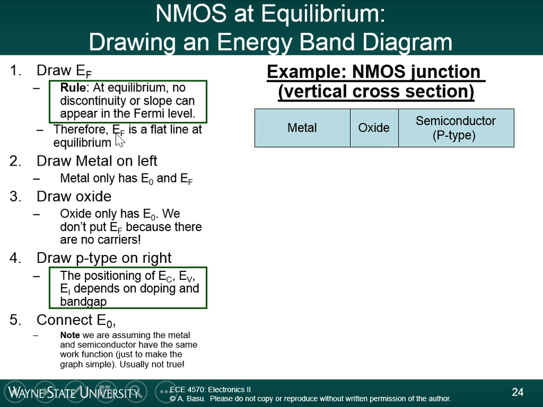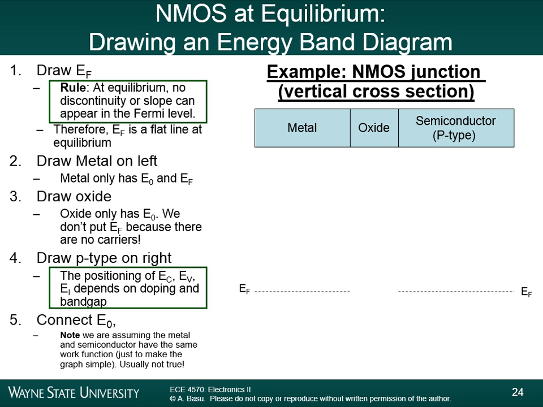So the first step we do is we draw the Fermi level. And remember the rule that at equilibrium, no discontinuity or slope can appear in the Fermi level. So we draw the Fermi level as a horizontal line. So that's step one. So I have the Fermi level going across here. Now notice in the middle here for the oxide layer, we've talked about how to create energy band diagrams for metals and for semiconductors.